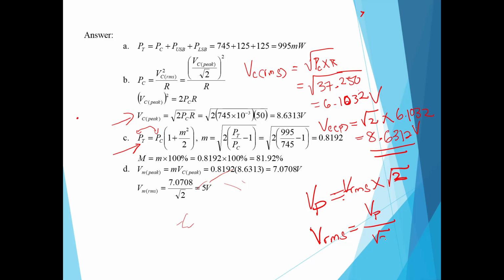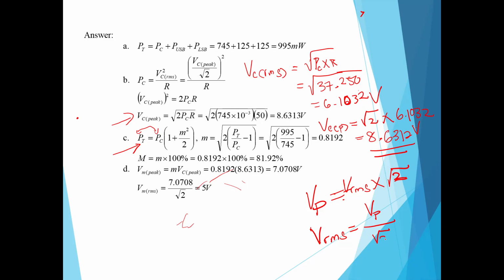So that's why this slide uses the total power equations. When you take out the m here, even though you use RMS power, we can still get the modulation index, because the modulation index is the ratio, with VM and VC both as RMS or both as peak amplitude.